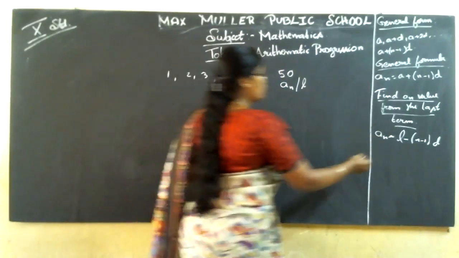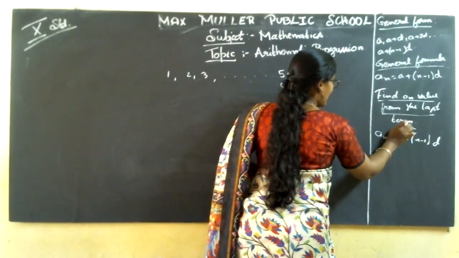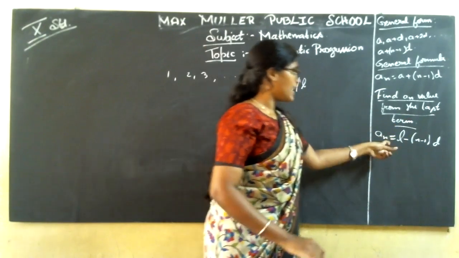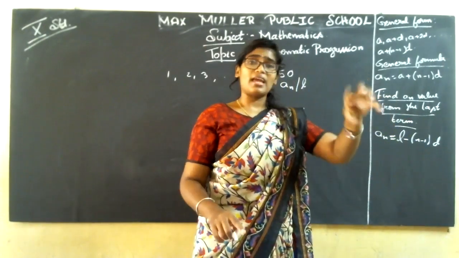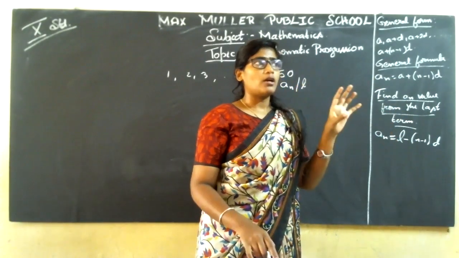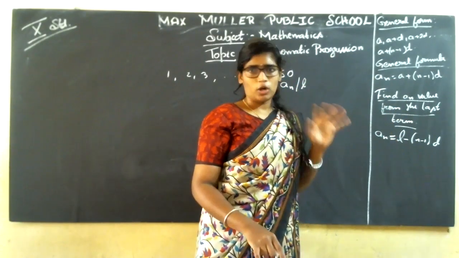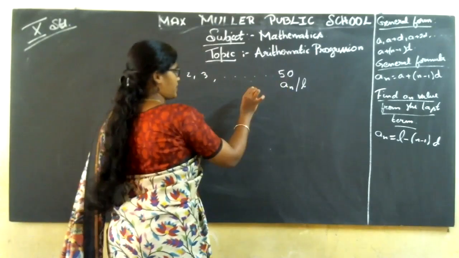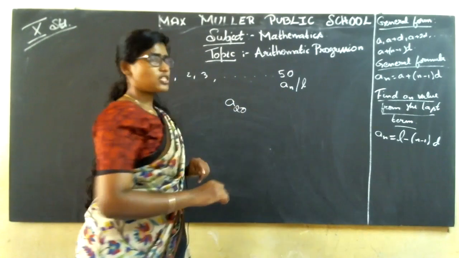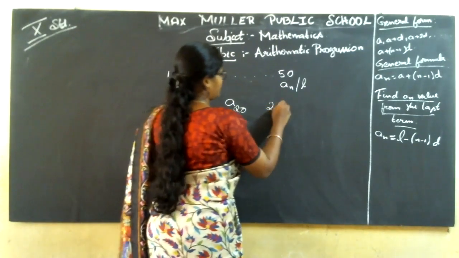Now, you would have a doubt. What is AN? What is L? AN is the value they have given. For example, say the last term is 50 rupees, and I ask you to find A20, the 20th term.